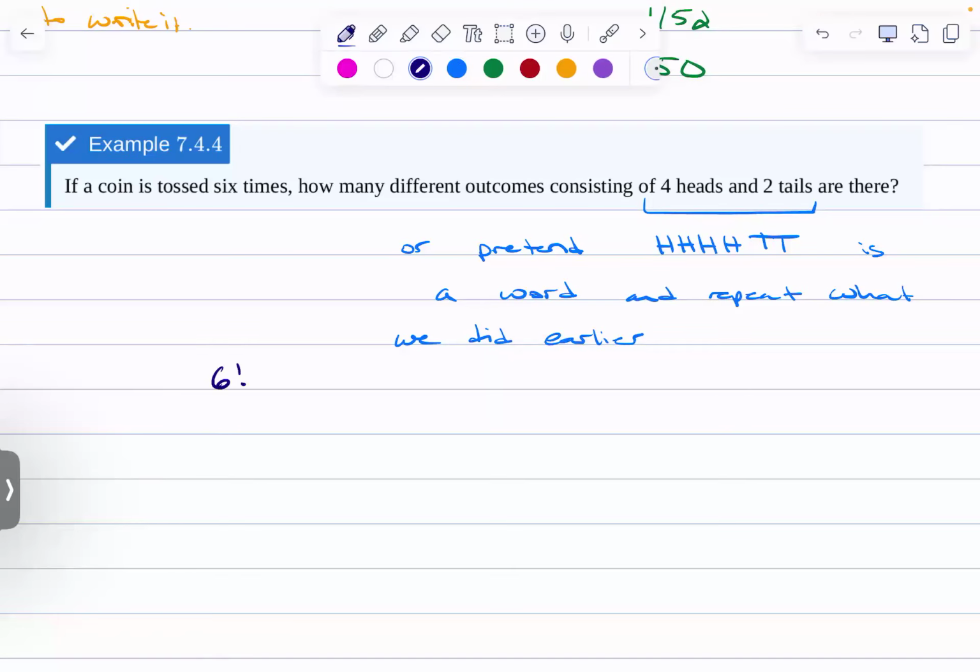Which means that we have 6 total. And I want to splice out 4 duplicates and 2 duplicates. I guess they're quadruplicates.